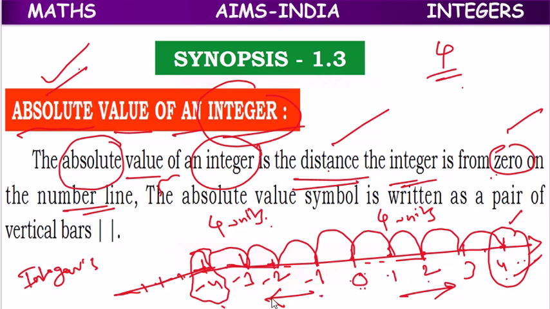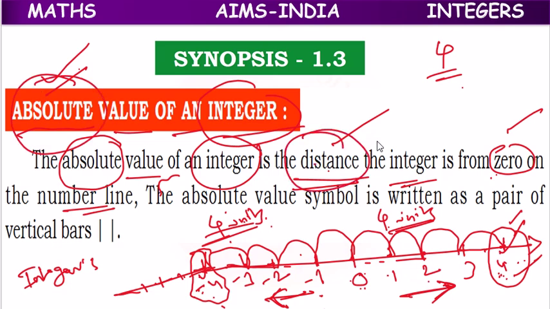While finding the distance of 4 or of -4, the direction of measurement is different, but the value is the same. The absolute value of plus 4 is 4 units. The absolute value of -4 is also 4 units. Absolute value is measured in terms of distance, which can never be negative.